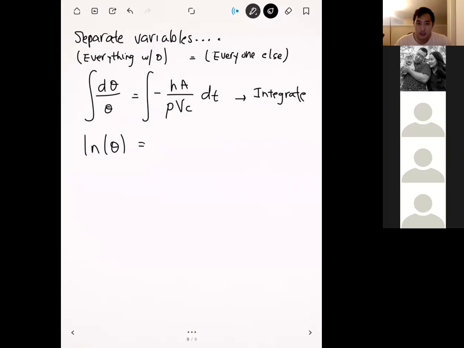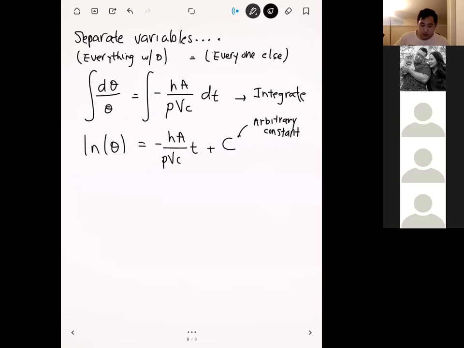We have the integral of a constant dt, and so we have minus hA all over rho V C times t, plus C, where C here is our arbitrary constant. That comes out just from the integral.